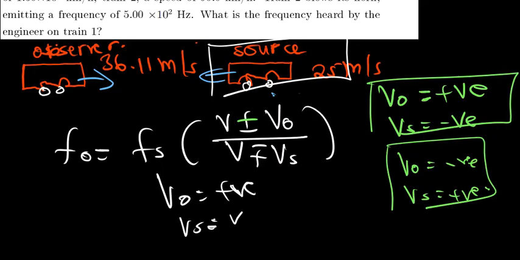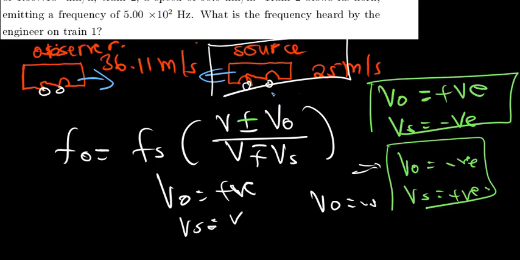That is if the source is not moving and the observer is moving toward the source. Then the opposite is true. When the observer moves away from the source, VO will be negative. I think I've explained this already, it's the same as that one. Those are the basic ideas you have to know under this.